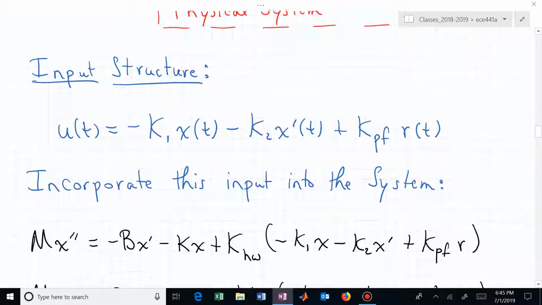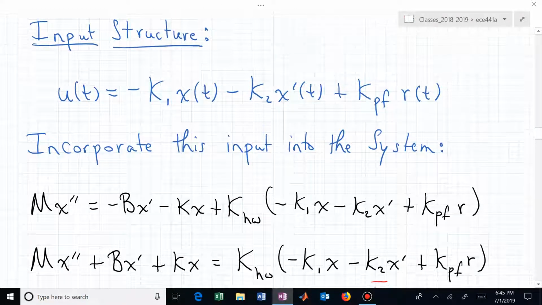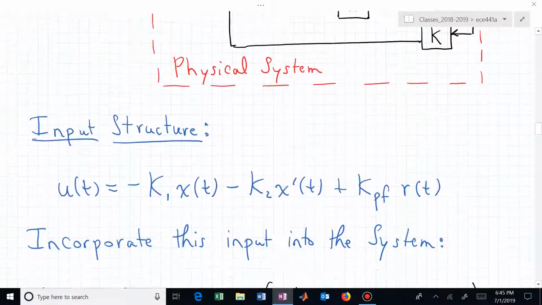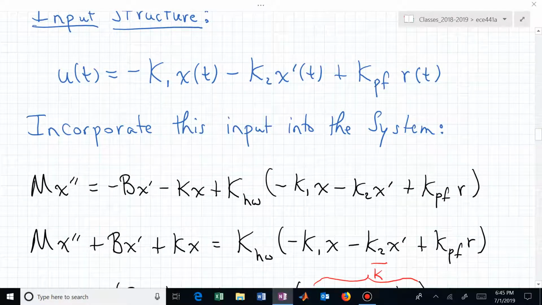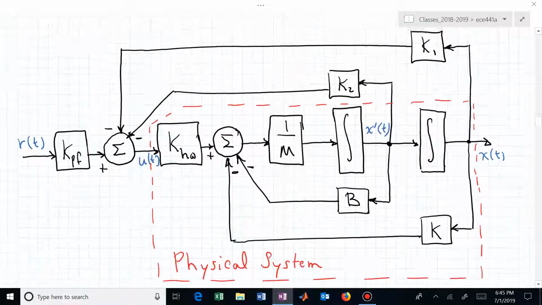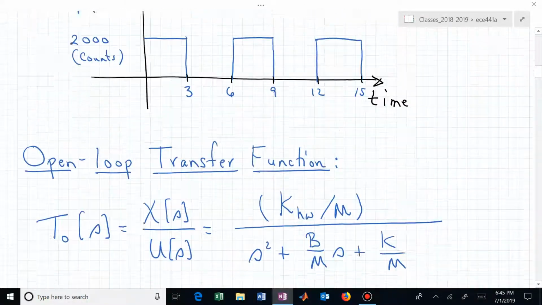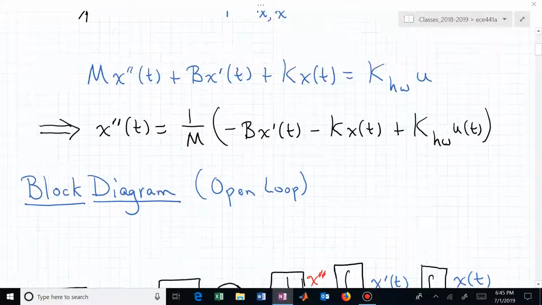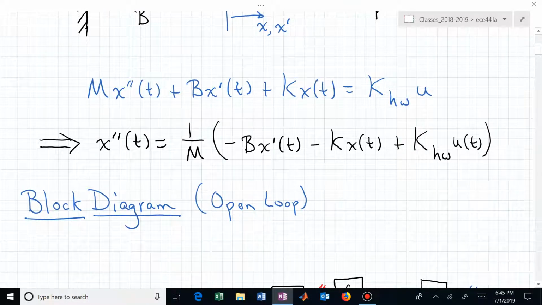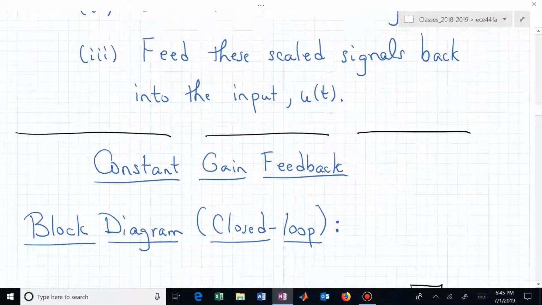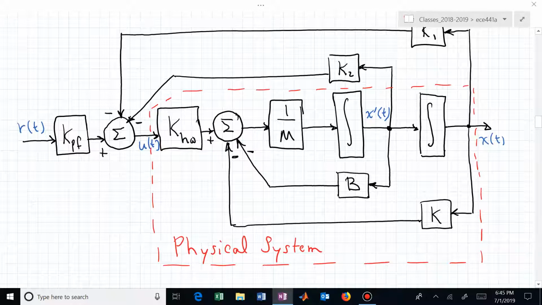Now let's apply this input where it belongs in our dynamic equation. Here's where we introduce the input u that we've created by measuring position and velocity and scaling those with k1 and k2.